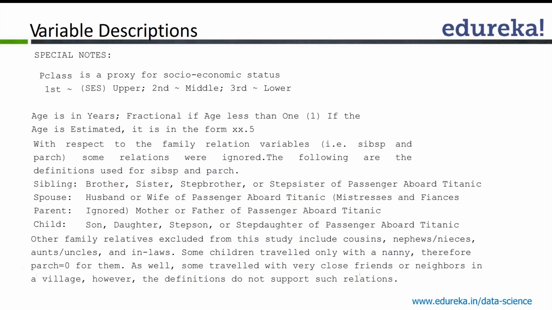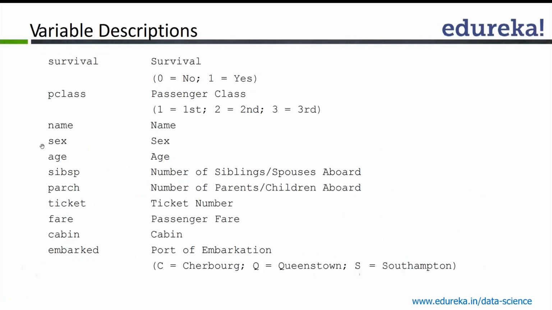And then with respect to family relation, there's a bunch of other information, what is considered a sibling and how that information is encoded and other things. Okay, you can read through that information. But the goal is essentially you have this data set with these columns, and survival is your dependent variable and all the others are independent variables.